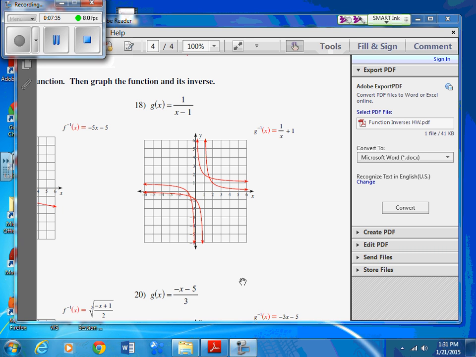So if you look at this graph right here, and I'll outline it in purple, this one right here, this is our g of x, okay? Because it's getting really, really close to 1, but it's not actually touching 1. So this one right here is my part of my original g in purple.